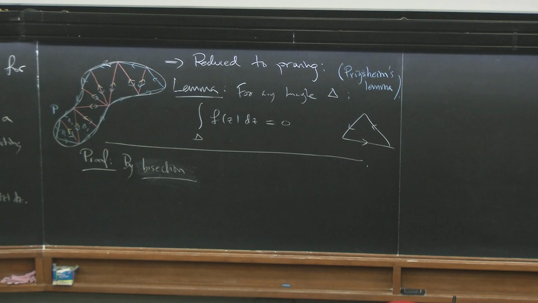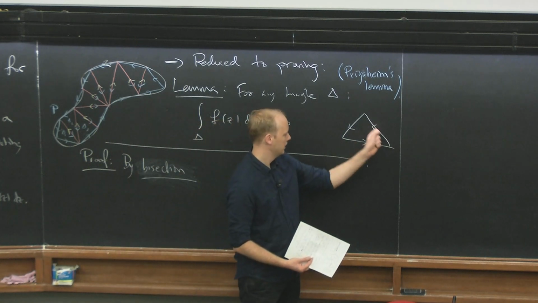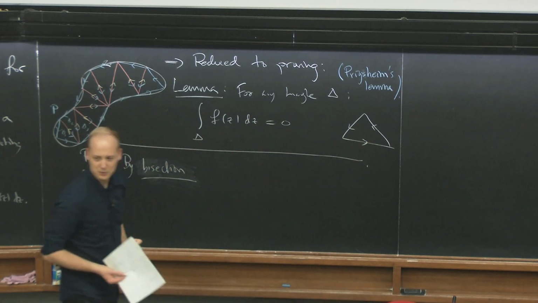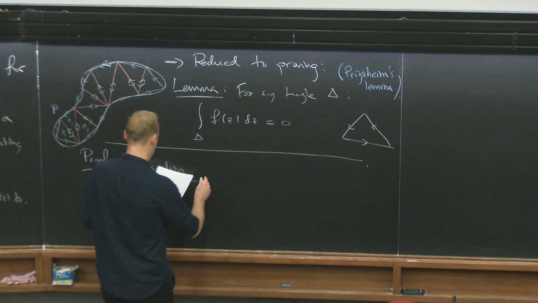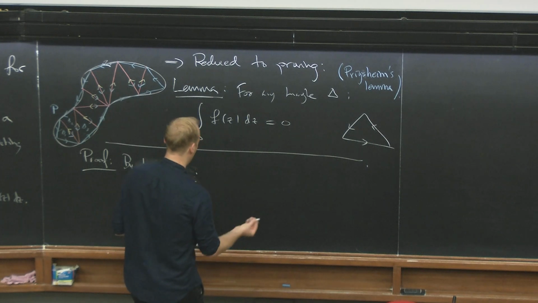I wouldn't say that it's obvious that this is how you should do it. Why should it work? But okay, I want to show that this is 0, so let me just take some smaller and smaller triangles and then go through some argument. But you'll see how this works as the proof goes along. So it's a proof by bisection, which is a common technique. So the first thing we do, step 1.